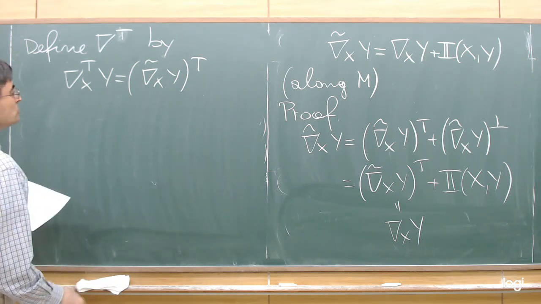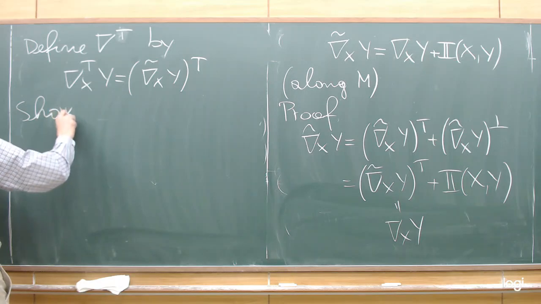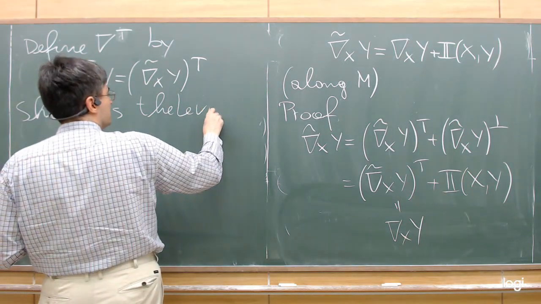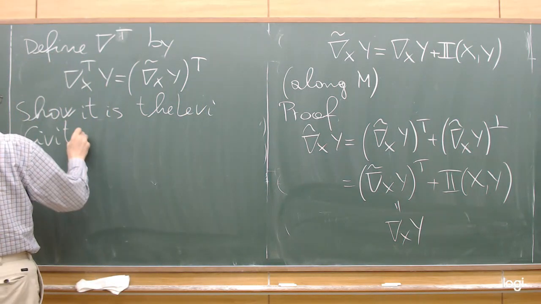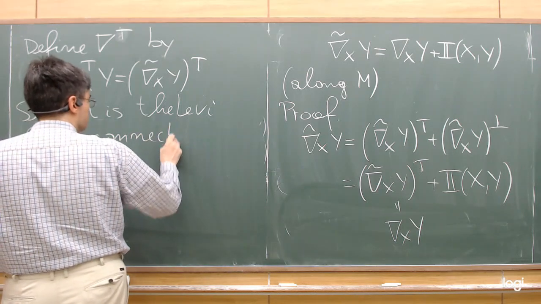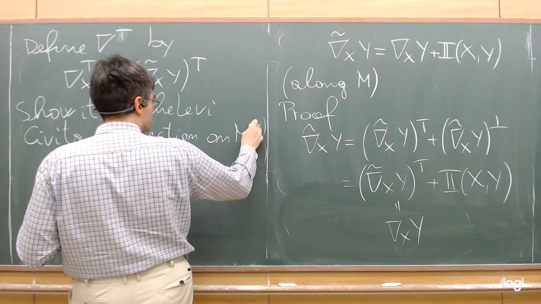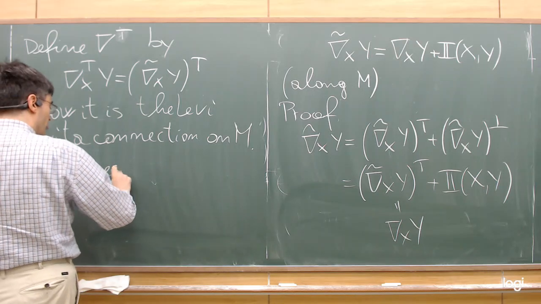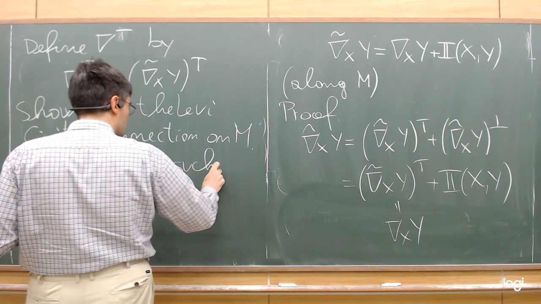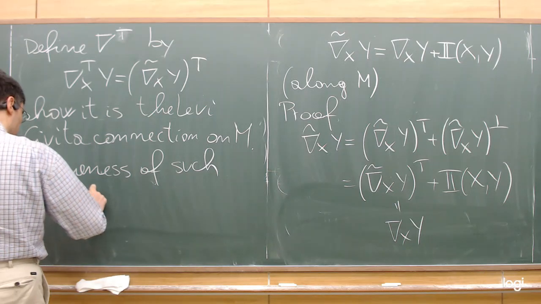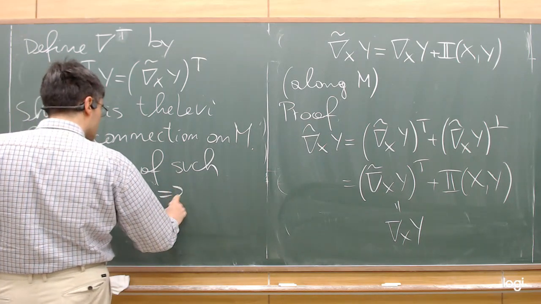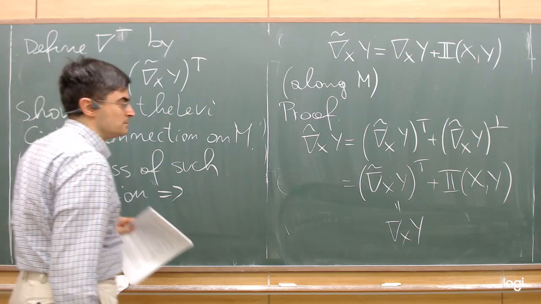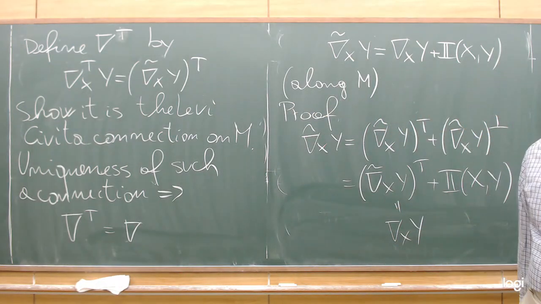And what we have to do is to show it is the Levi-Civita connection on M. Then the uniqueness of such a connection implies that nabla tangential coincides with nabla, because nabla is the Levi-Civita connection of M.